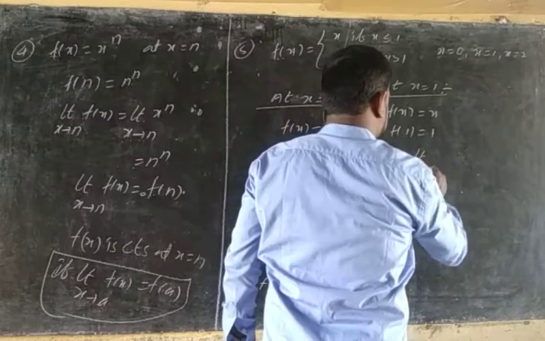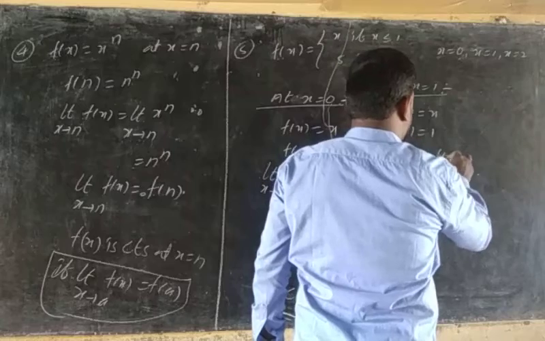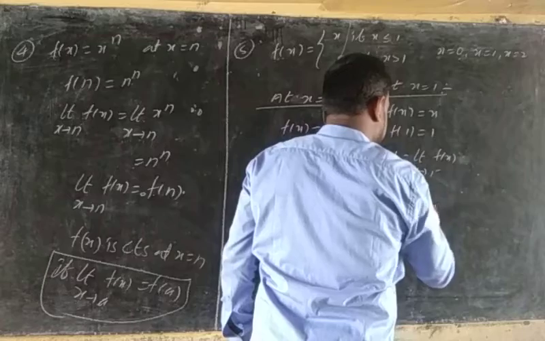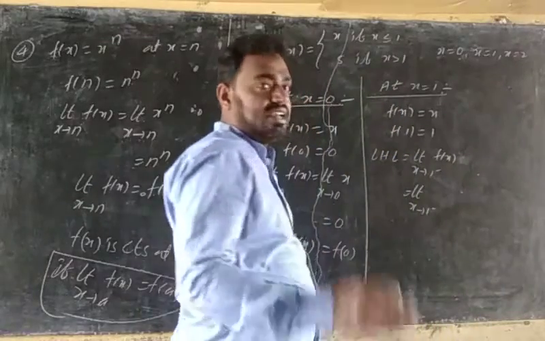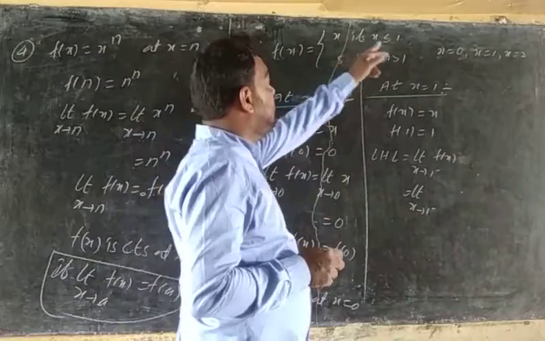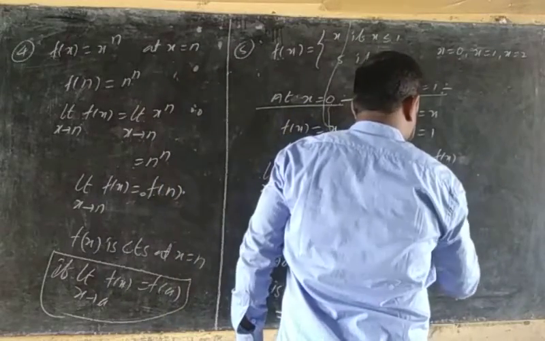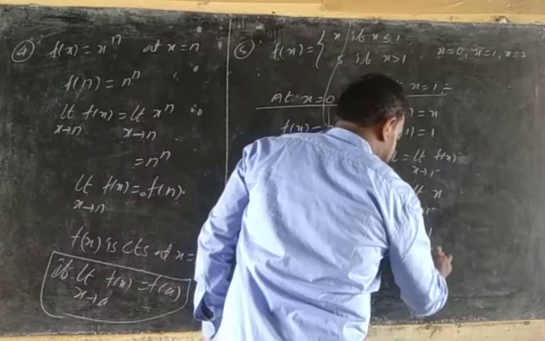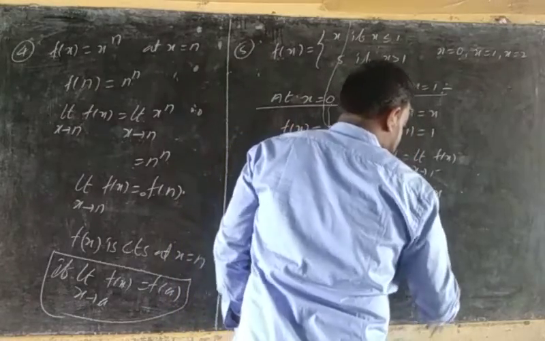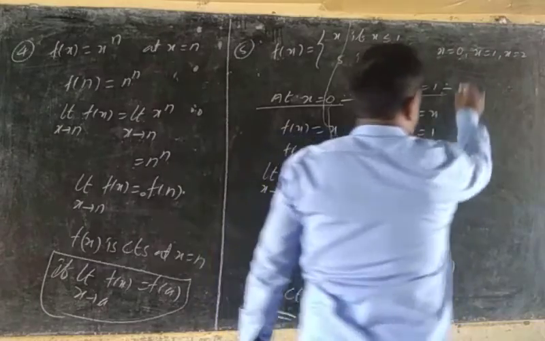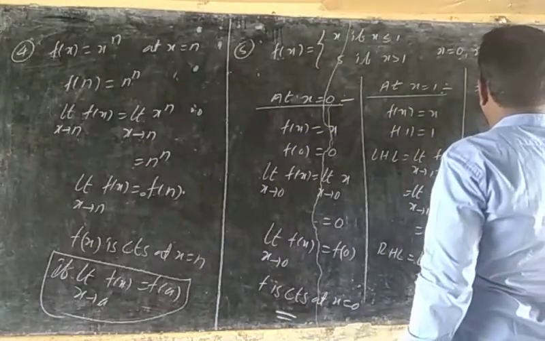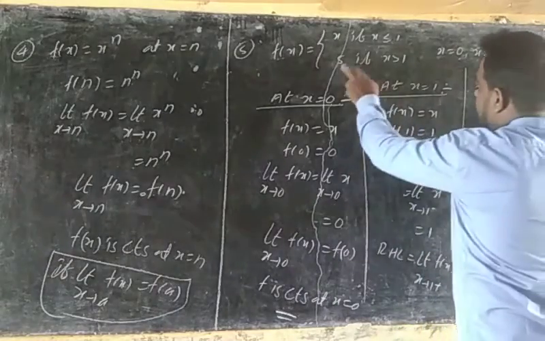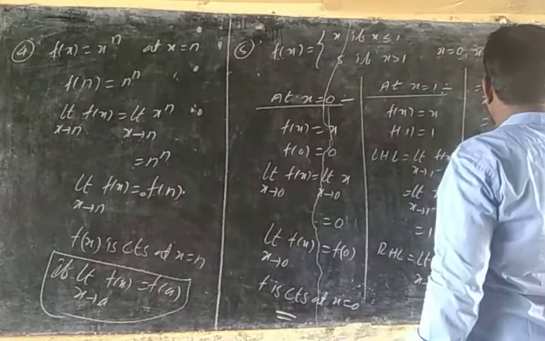Now the left hand limit: the limit as x tends to 1 minus of f(x). 1 minus means x is less than 1, and then f(x) is x only, so substitute x = 1. Next, the right hand limit as x tends to 1 plus of f(x). 1 plus means x is greater than 1, and f(x) = 5, a constant.